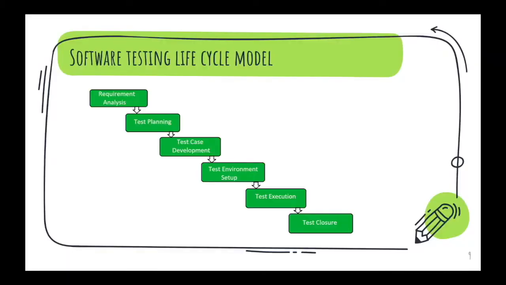So let's talk about the software testing lifecycle model. When we are testing any application, there are certain steps which need to be followed. Some of these steps are requirement analysis, test planning, test case development, test environment setup, test execution, and test closure.